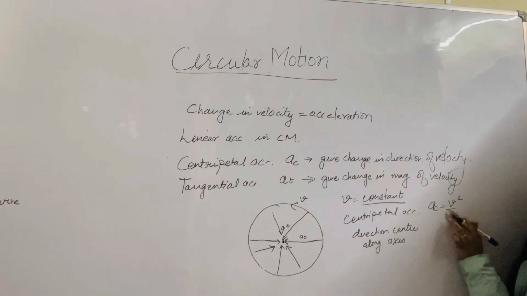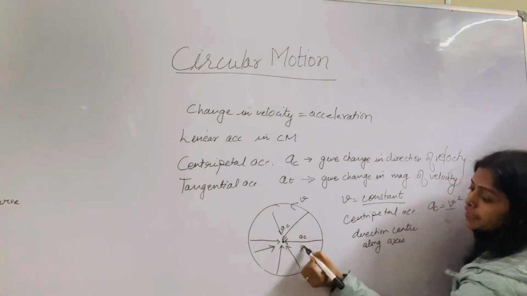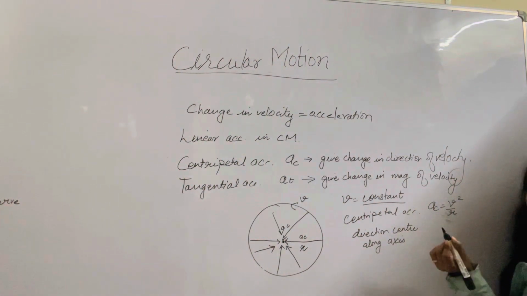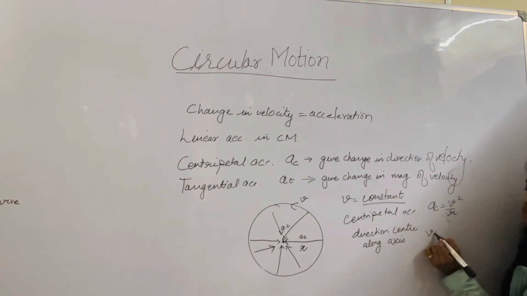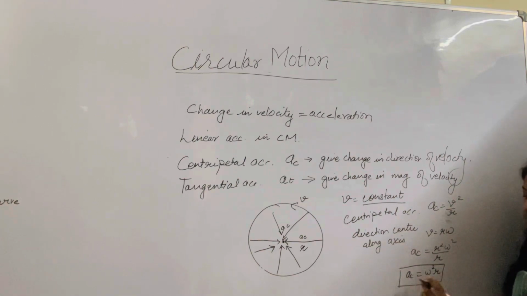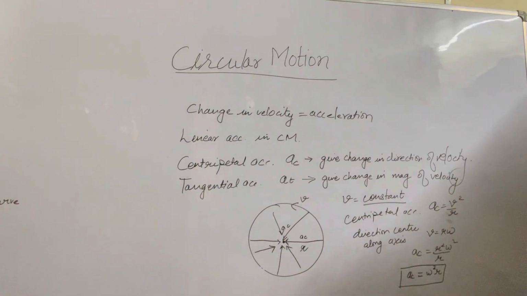With radius r, v square by r, and from the previous relation v equals r omega, we can replace it: r square omega square by r. So we have omega square r as the centripetal acceleration, always directed toward the center along the radius.